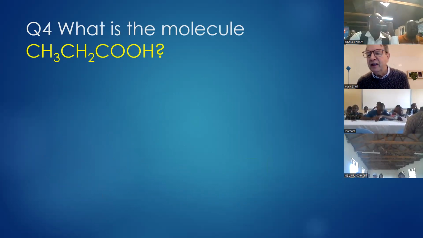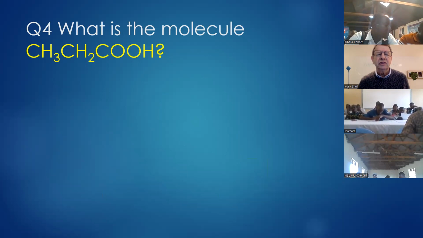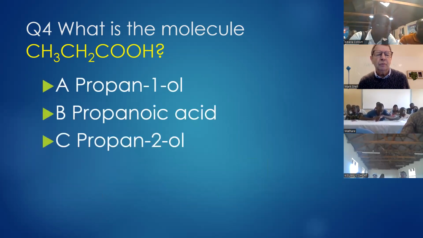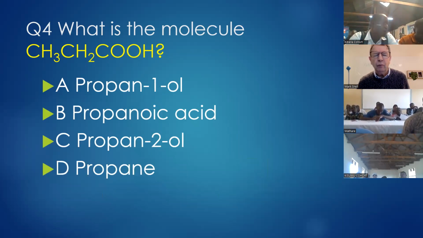This is where the students start getting unstuck, because they count the 2 carbons. They sometimes have recognized COOH, but they've counted 2 carbons. Here are the options, and this should help them. I've done this to help them, to make it all prop.